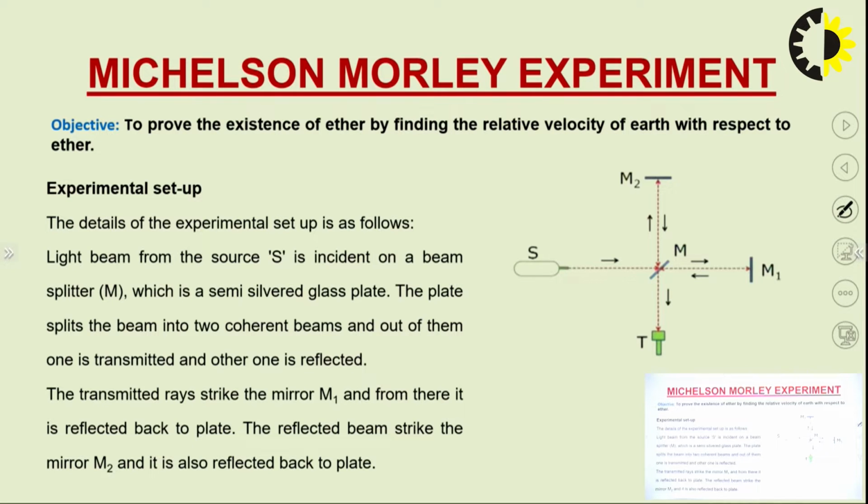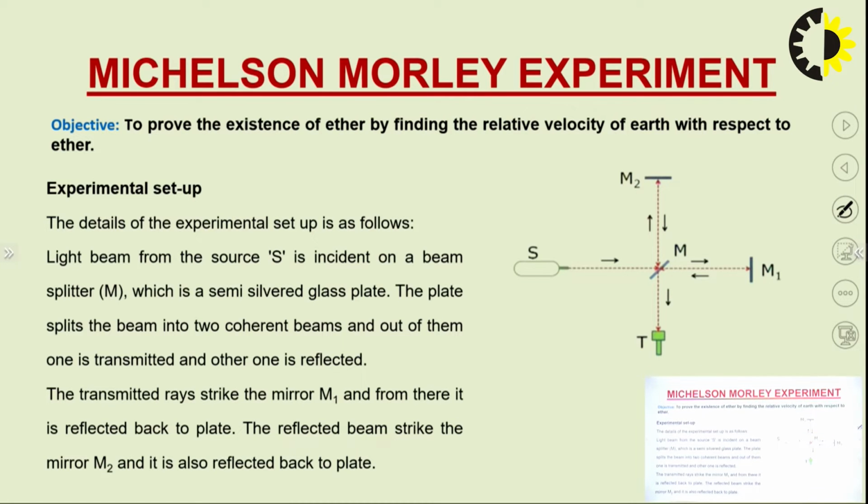So these two mirrors M1 and M2 are perpendicular to each other, and both are at the same distance from the partially silvered glass plate. Below this glass plate, we have a telescope T. This Michelson interferometer is an optical device utilized for producing the phenomenon of sustained interference.